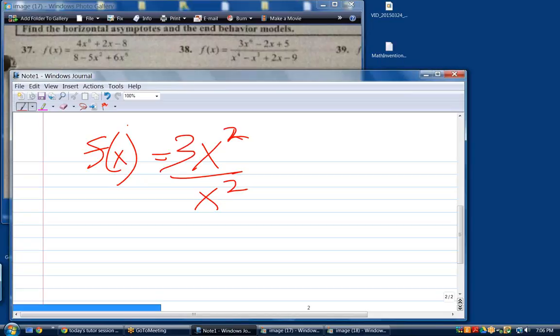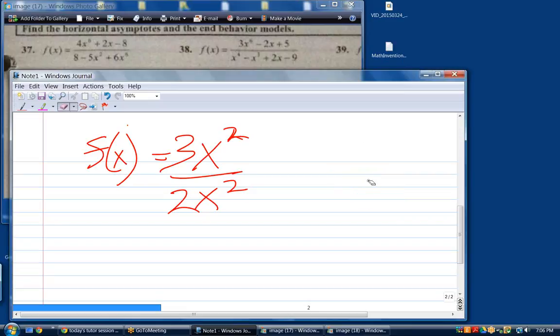When they're the same, the limit is the ratio of the coefficients. So let's say I had this. The limit of that as x goes to infinity is 3 over 2. Okay? So that's the only 3 situations you have.